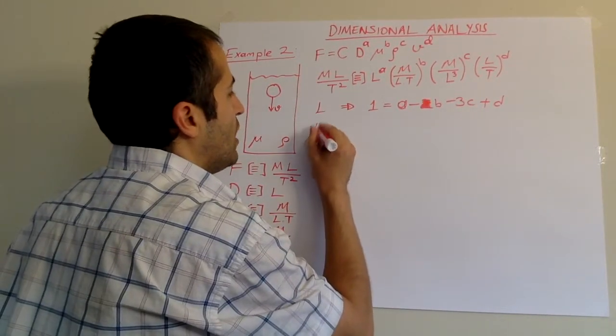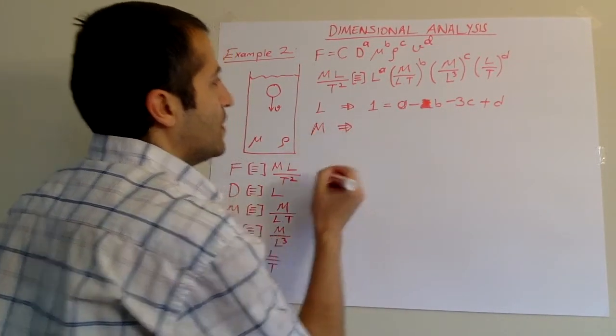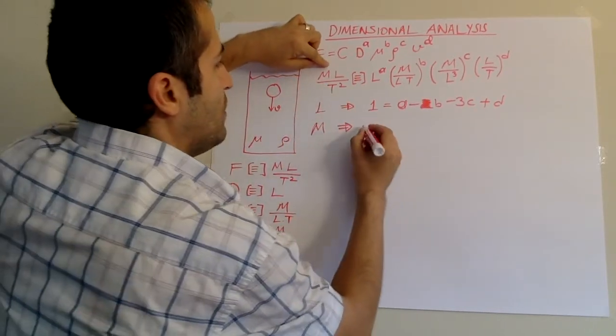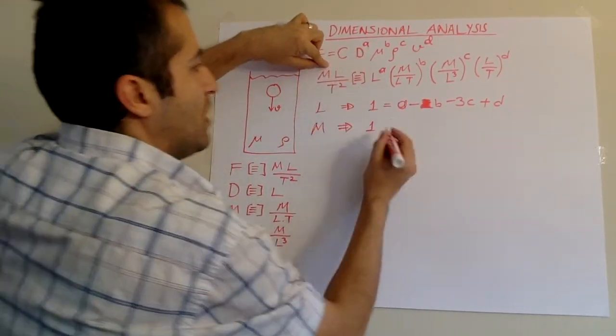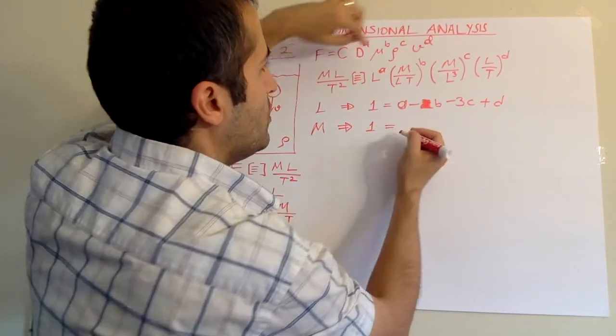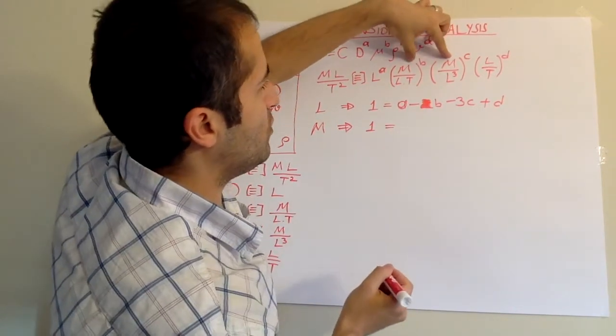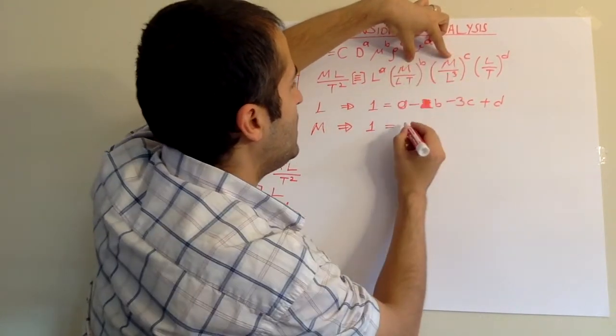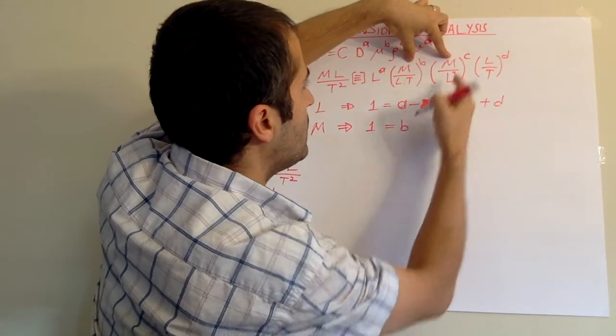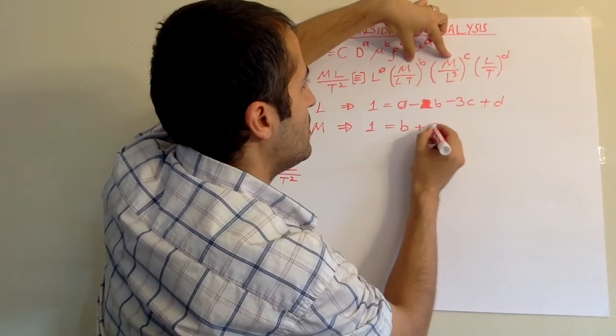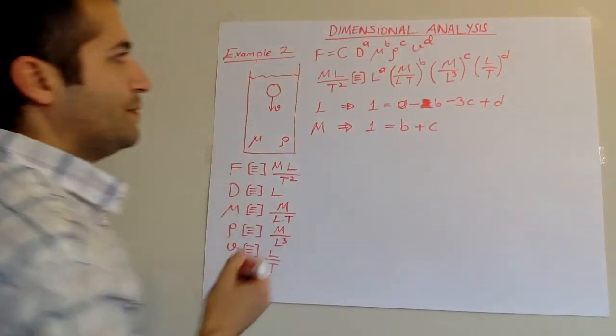Second equation we can write for the mass. The power of the mass is 1 on the left hand side, because it's mass to the power 1, is equal to, we have two mass terms here, mass to the power b, mass to the power c, plus c. We don't have any other mass.